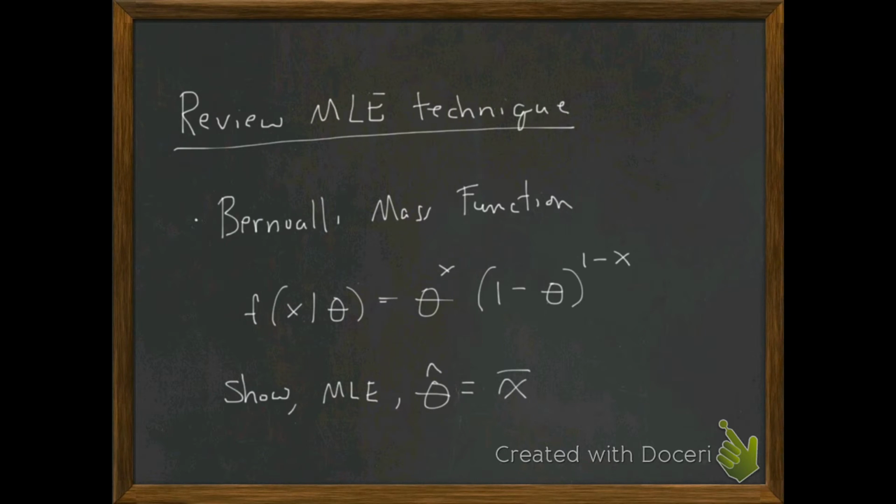So, given some data, and these data are independent and identically distributed, we can show that the likelihood is the product of the densities.